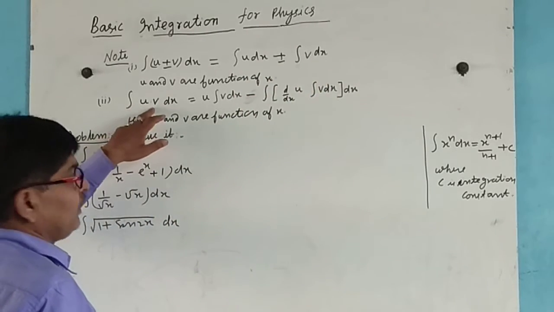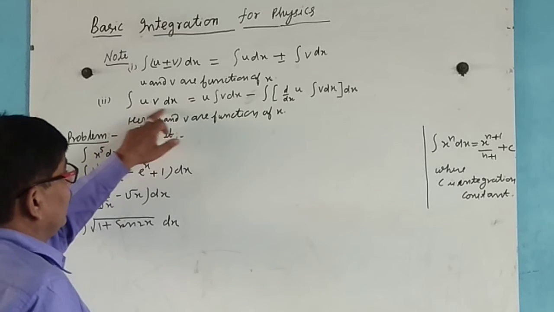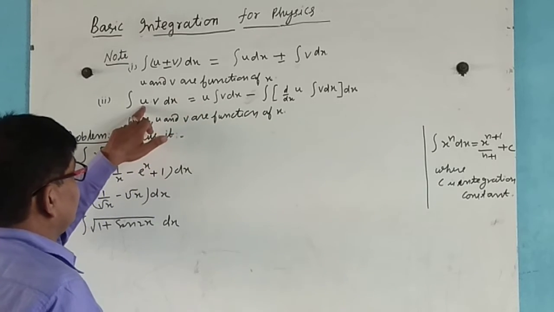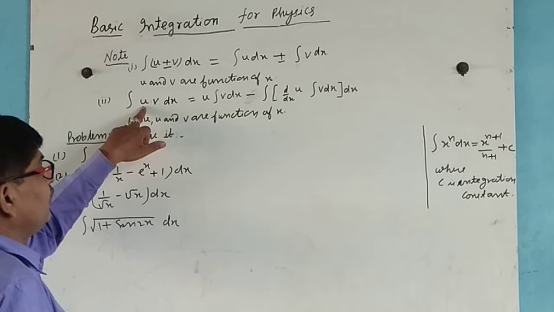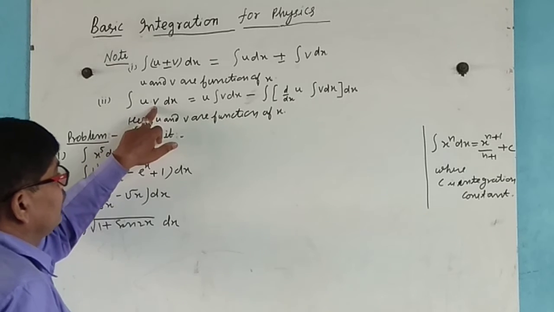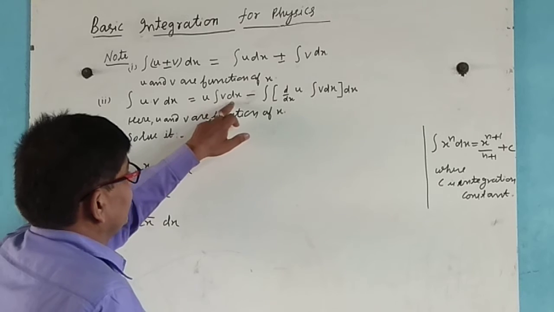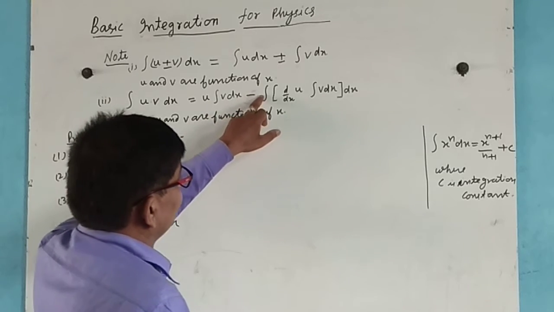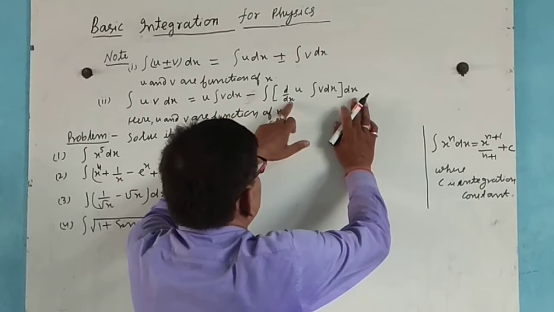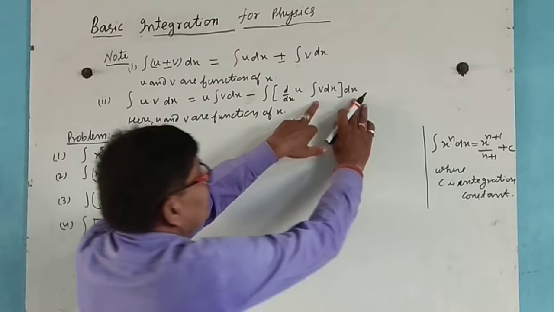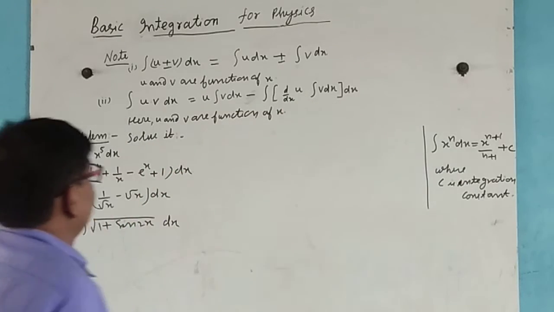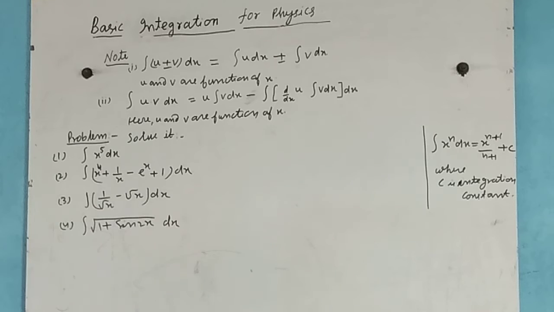And if u and v are in a product, then this is the first function and this is the second, so that u, the first function, times the integration of the second, minus the integration of the differentiation of the first times the integration of the second. Solve it. First question.